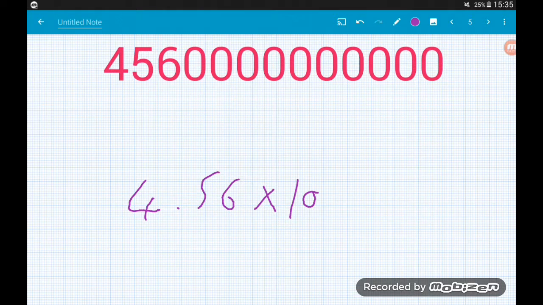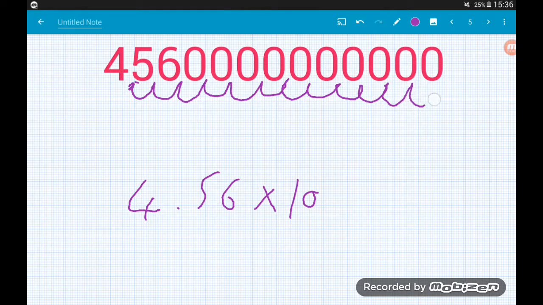We put our point in the big number between the 4 and the 5, and then we count how many places it has to jump to get to the end. So we go 1, 2, 3, 4, 5, 6, 7, 8, 9, 10, 11, 12. So our power of 10 there is 12. So this massive number can be written as 4.56 times 10 to the power of 12. Job's a good one.